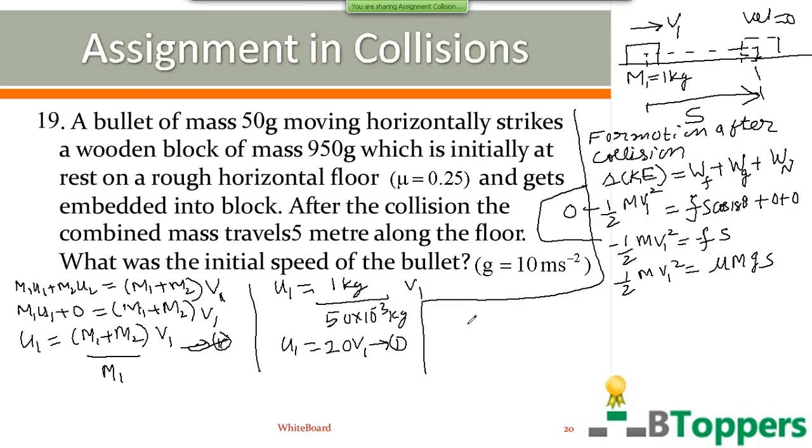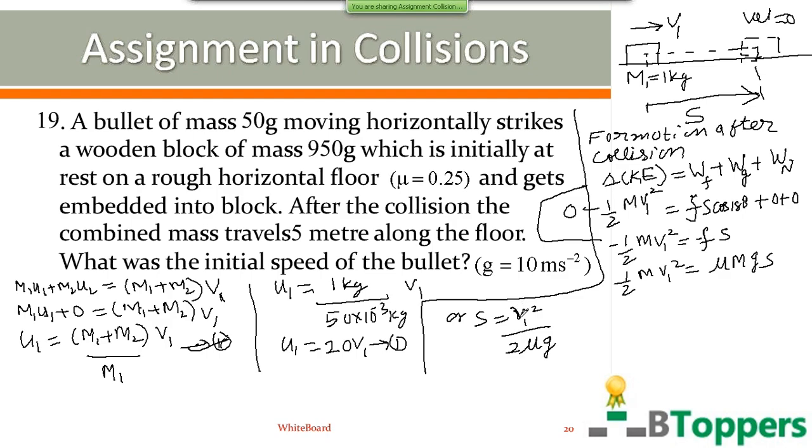Therefore, you can write the same result. You can as well use this result directly, if you remember one of the results I discussed in one of the special cases in the friction chapter. As I told you, if a block starts moving with some initial velocity u along a rough horizontal floor, then the distance the block travels before it stops during retarded motion under the action of 3 forces, weight mg, normal reaction, friction, is given by u square by 2 mu g.